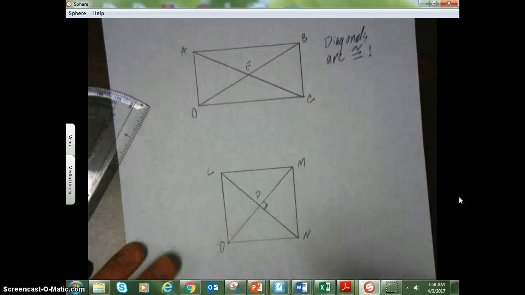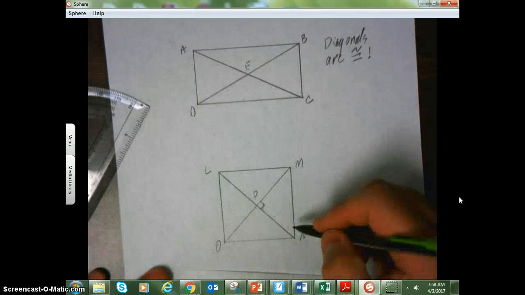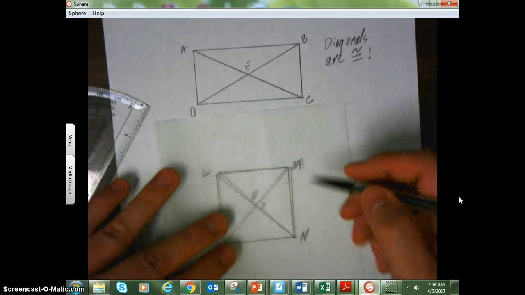One of the other things that we notice about a rhombus is that the diagonals bisect the angles opposite of it.